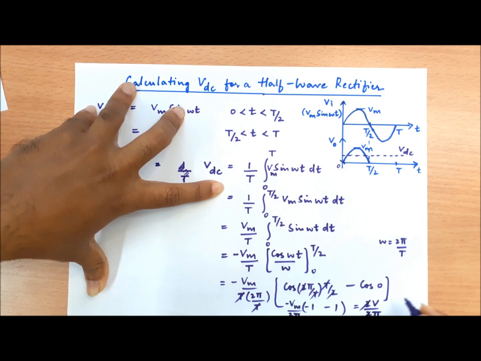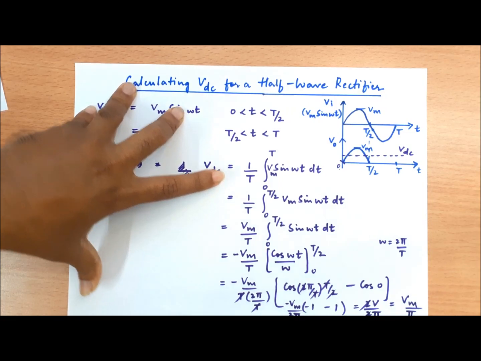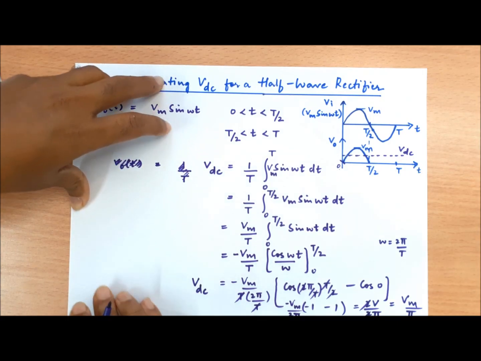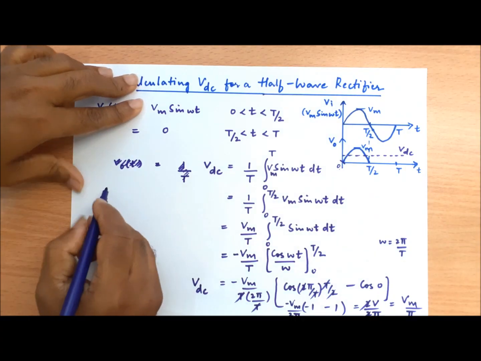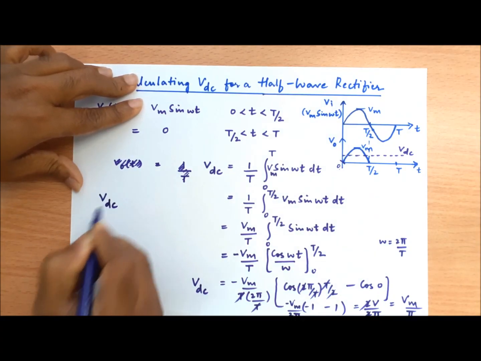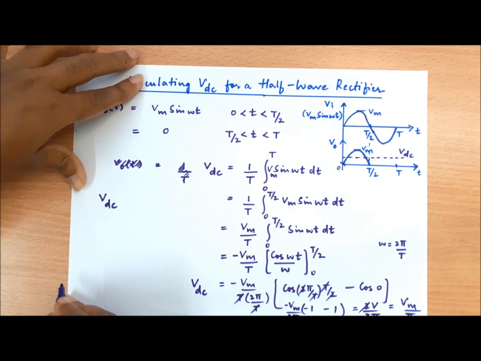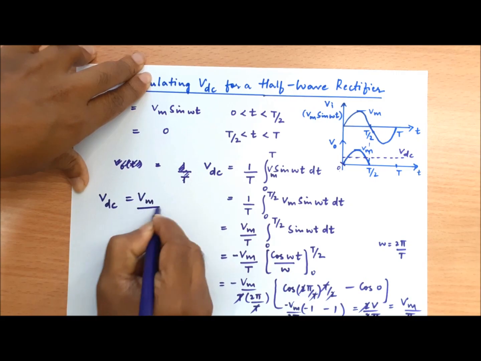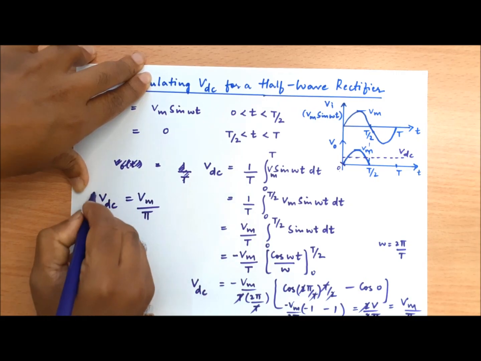The 2 gets cancelled, and I will be left with Vm upon pi. So the expression for VDC is Vm upon pi. Let me just write it here separately: VDC, or the average value of a half wave rectifier, is Vm upon pi.